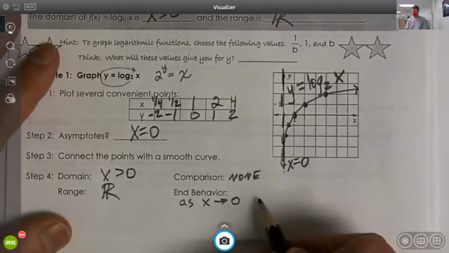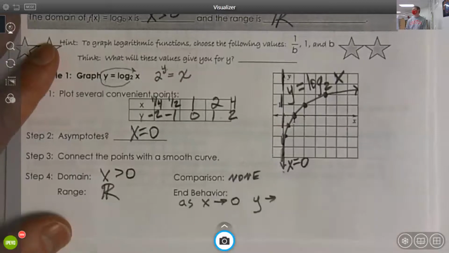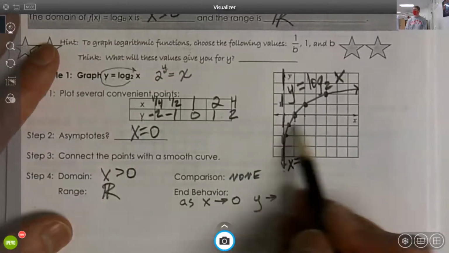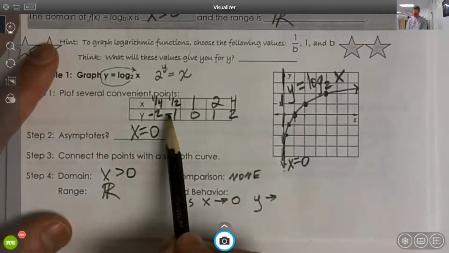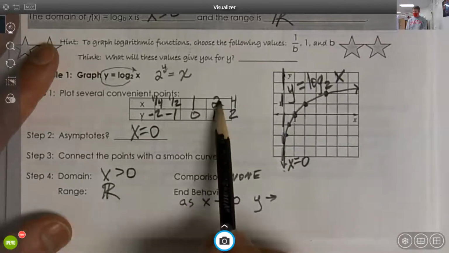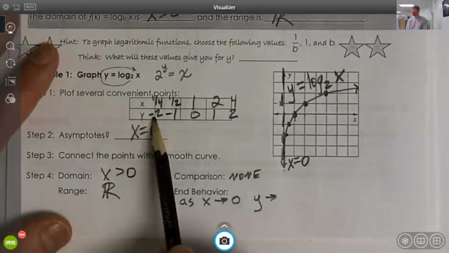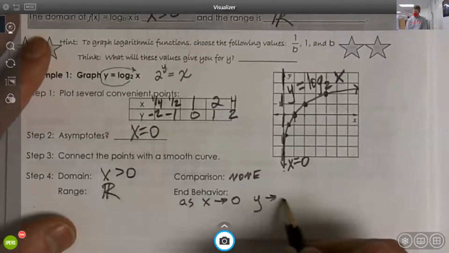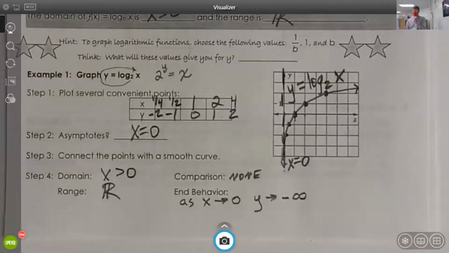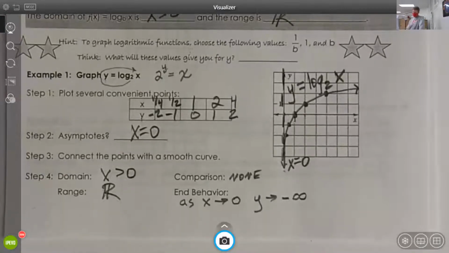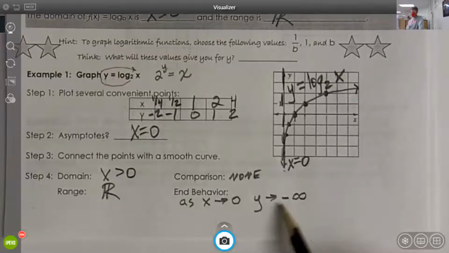What is happening to the y value as we approach that? As x gets smaller, what's the y value doing? It's going down also. It will go down to infinity. You plug in the right numbers, you'll get a y value of -10, -1,000.